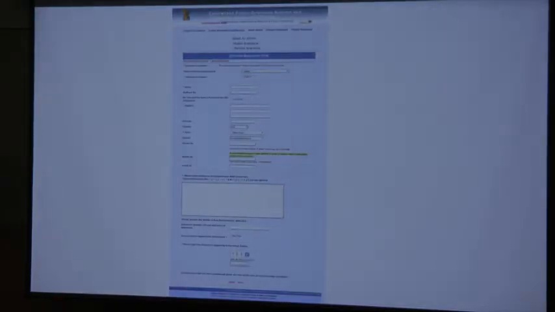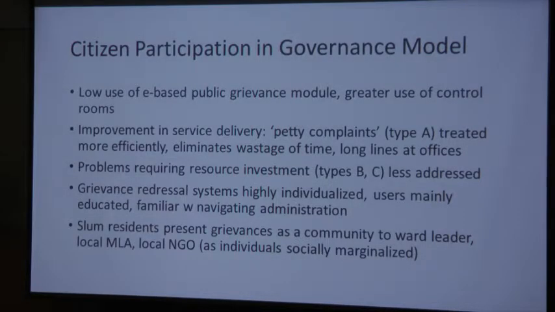And there's also a central form like this. So it's at various levels of governance, at the central level or at local governance and so on. So it really addresses the different scales of government agencies and your ability to register complaints. But again, our findings show that there is low use of the e-based public grievance module and greater use of control rooms.